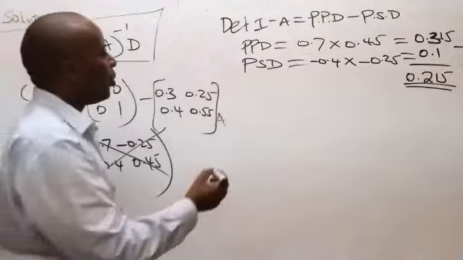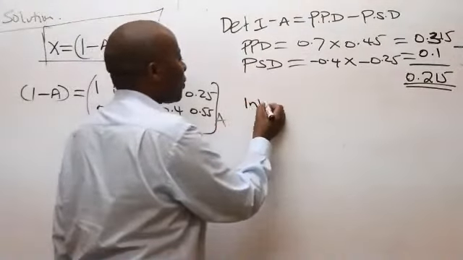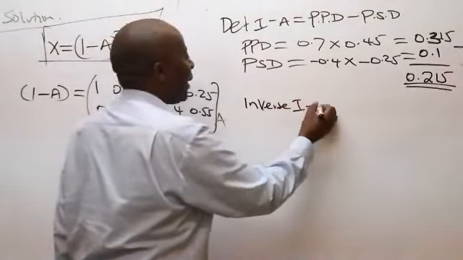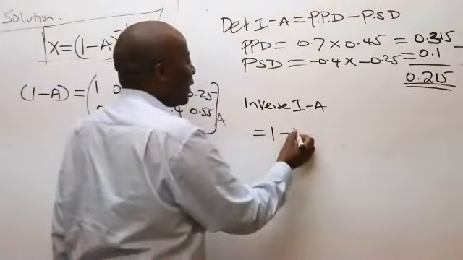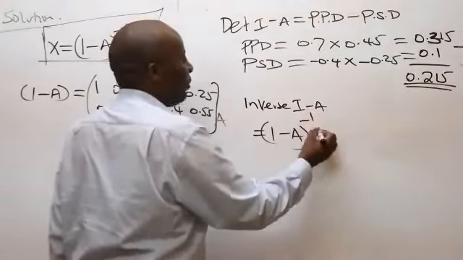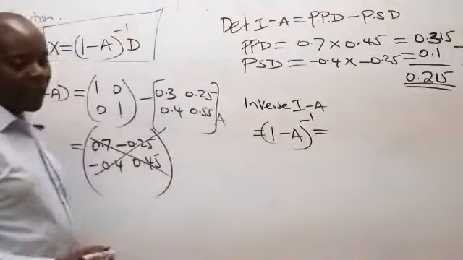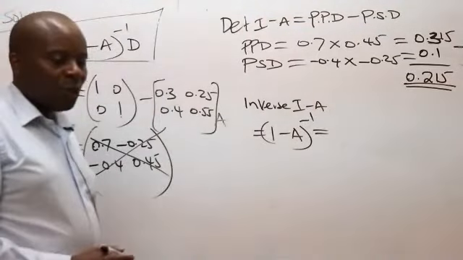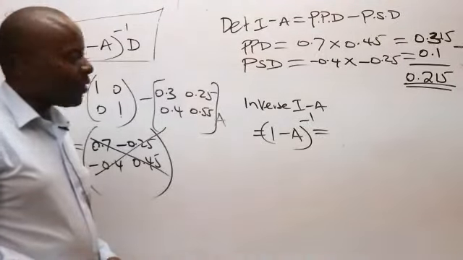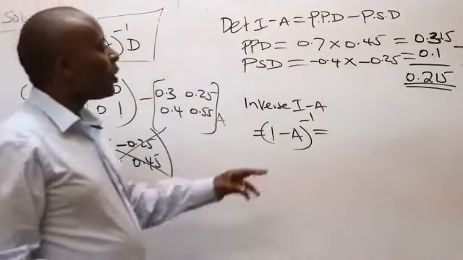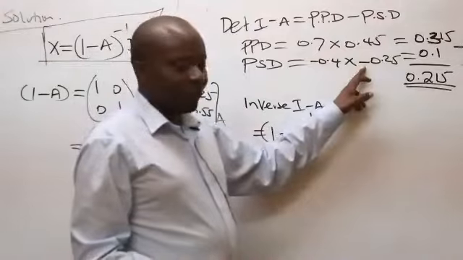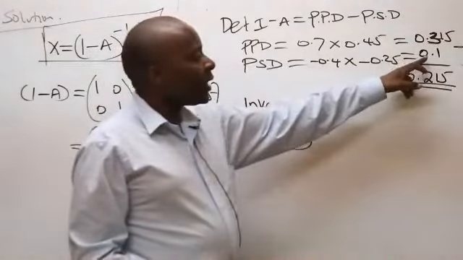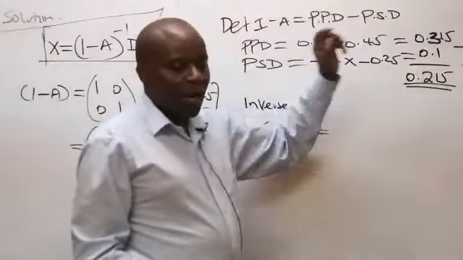And therefore, the determinant of I minus A, which is written like this, will be equal to who? Somebody says it should be 0.415. That's wrong, look. I know a negative multiplied by a negative becomes positive, so the answer of 0.1 should be positive.